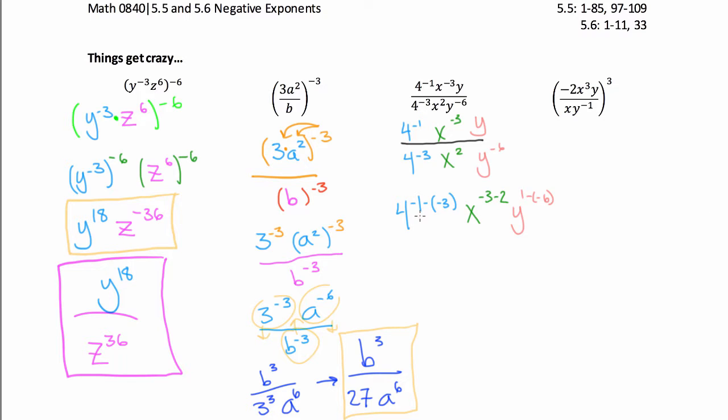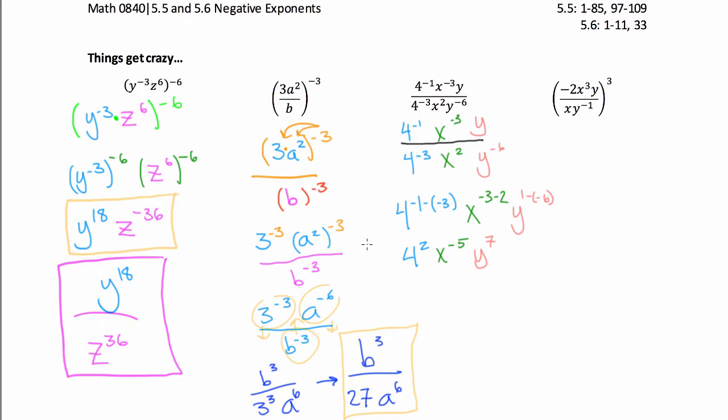Now I just have to really, negative 1 minus negative 3, that's negative 1 plus 3, so 2. Then I have x to the power of negative 5, and y to the power of 1 minus negative 6 is 7.